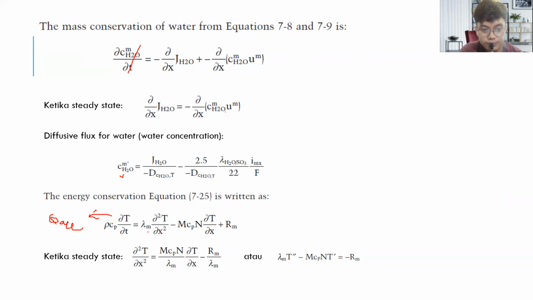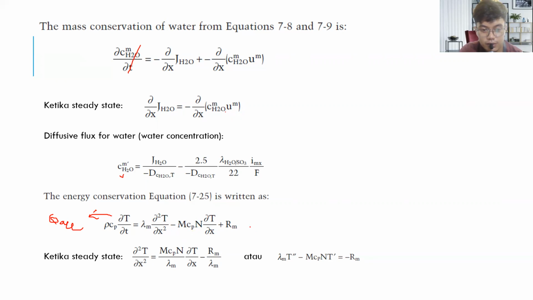Okay, lambda d kuadrat T per dx kuadrat minus M, this is molar mass, multiplied by heat capacity multiplied by the N, and also dT per dx plus Rm.